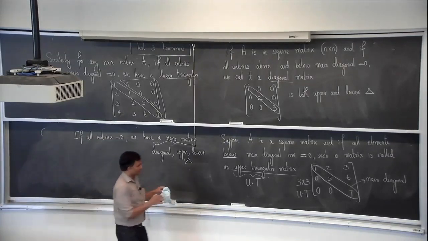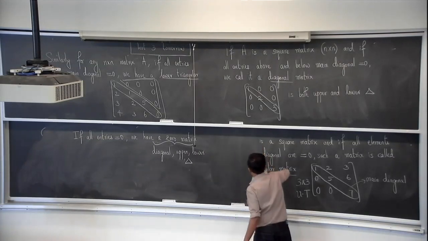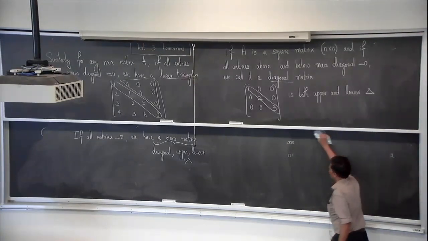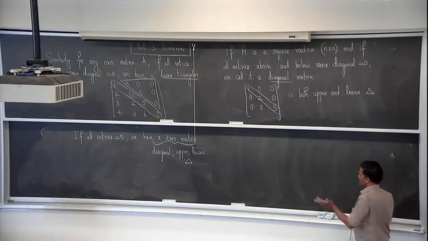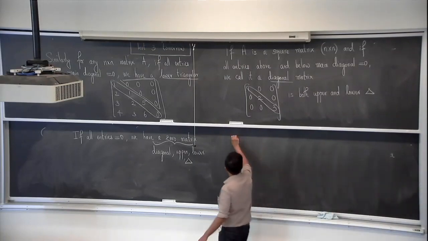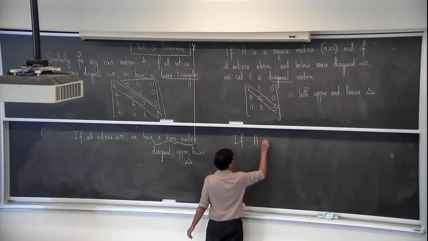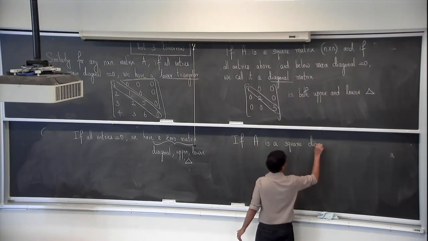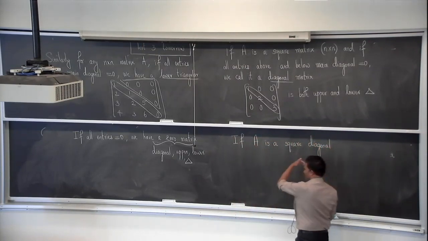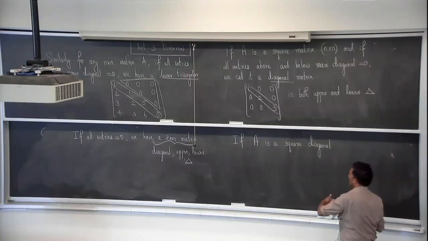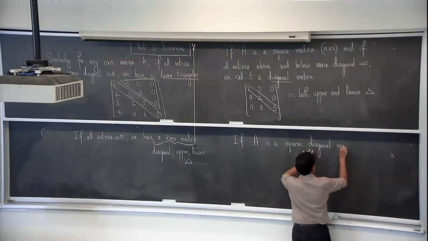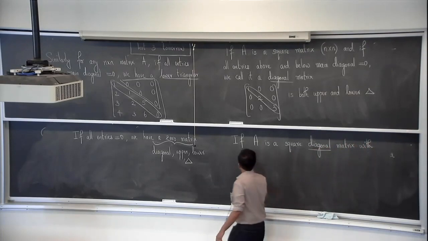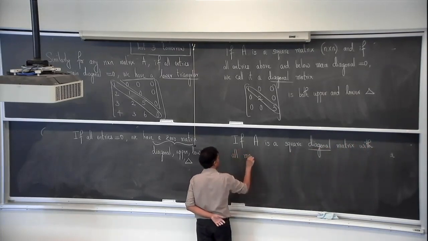But there is one diagonal matrix which is very special, which we'll be making use of a lot during this course. If all the diagonal elements are 1, still a square matrix, and it's a diagonal matrix. So if A is a square diagonal matrix, which automatically means that everything below and above the main diagonal are equal to 0, with all the main diagonal elements equal to 1.